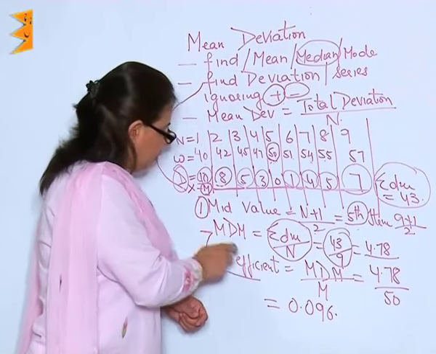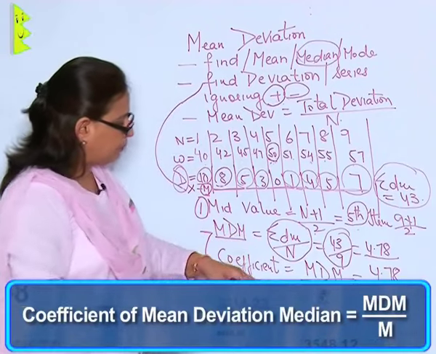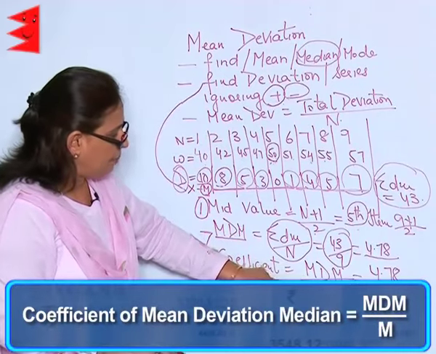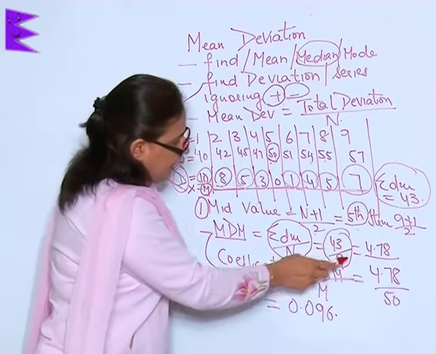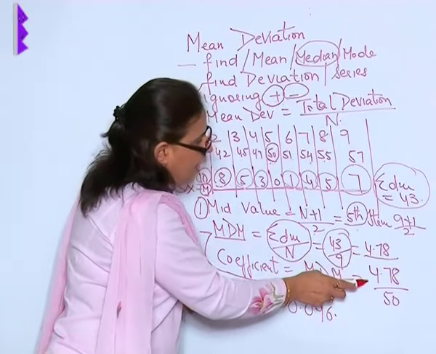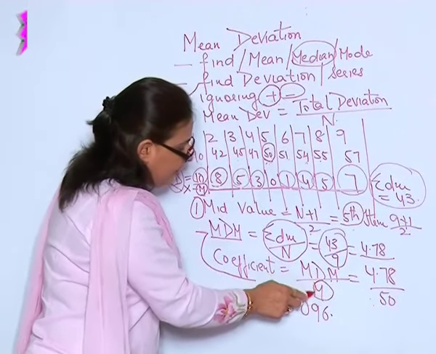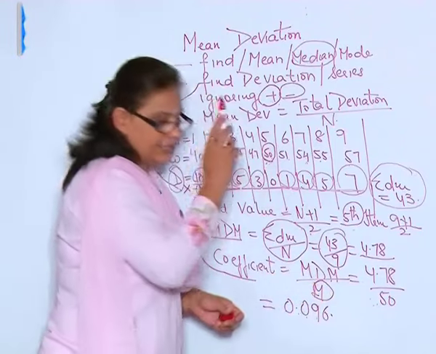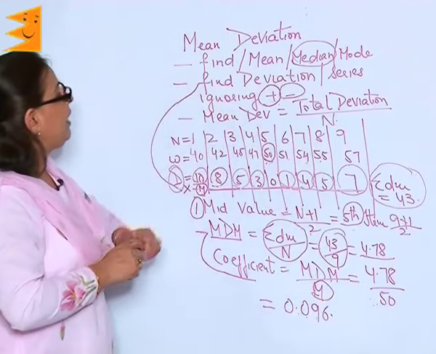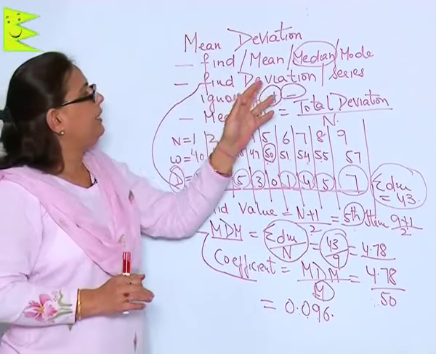So the coefficient of the mean deviation median will be MDM upon M, which means the mean deviation median is 4.78 upon 50. That is the mid value that we have, 50, will give me 0.096.